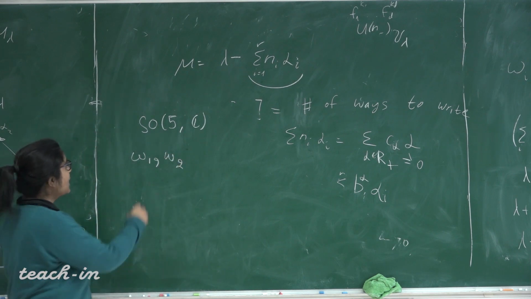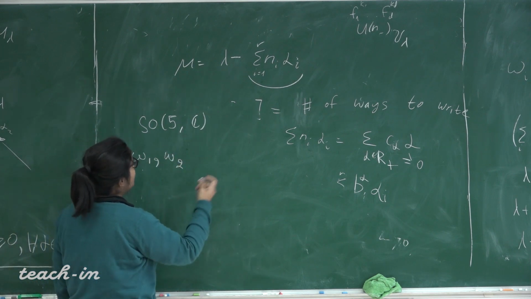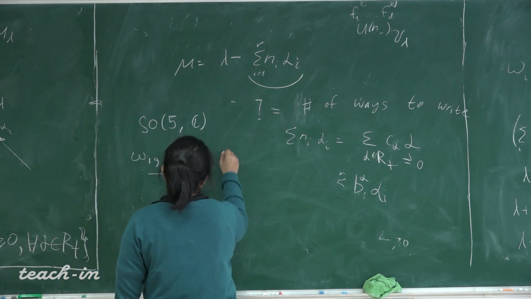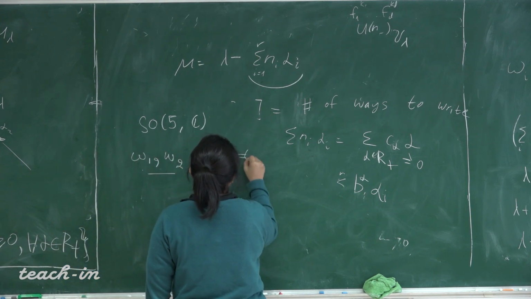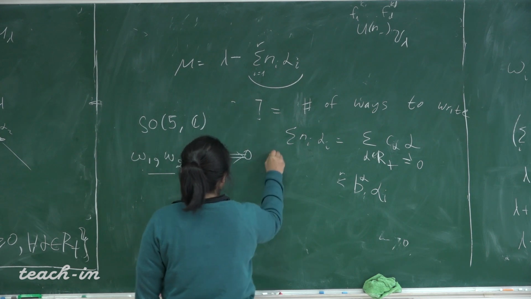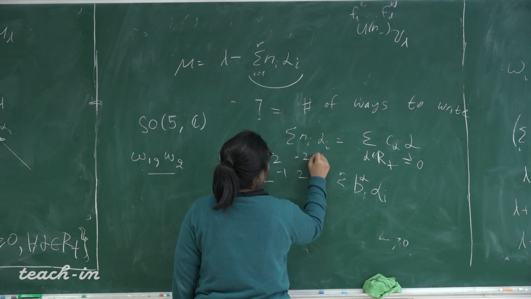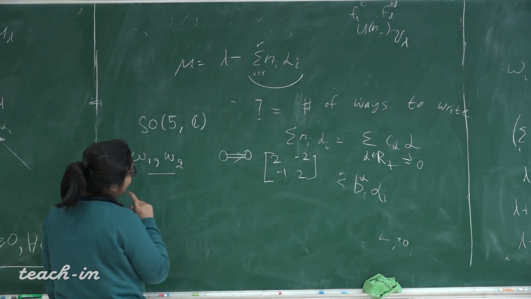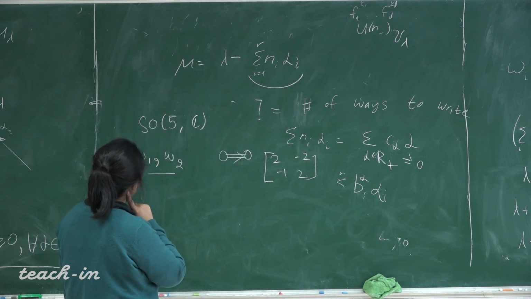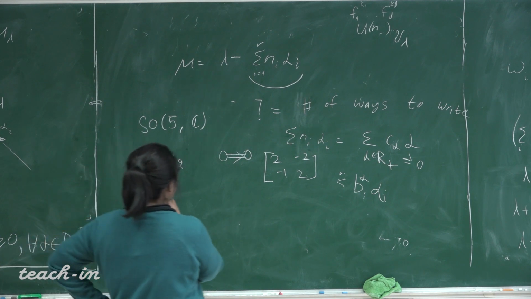Yes. So we have omega 1 and omega 2, which are the two fundamental weights, and we have this diagram for SO5.